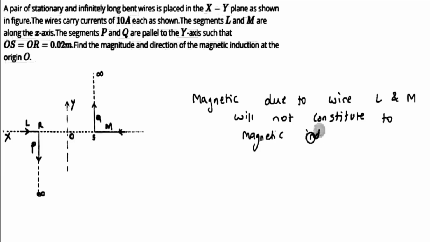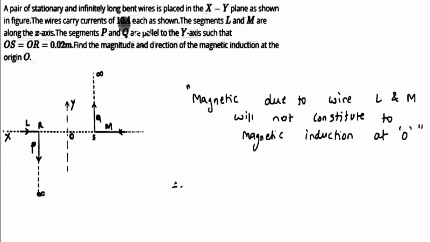As we know, a magnetic field will be around the wire carrying current, and not on the axis. Here the wires M and L are lying along the point where we are interested in finding the magnetic induction. So L and M will not constitute for magnetic induction at O.